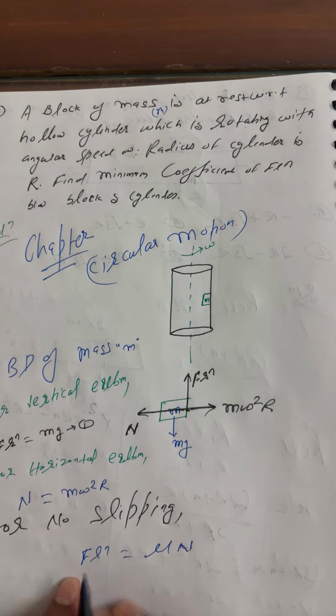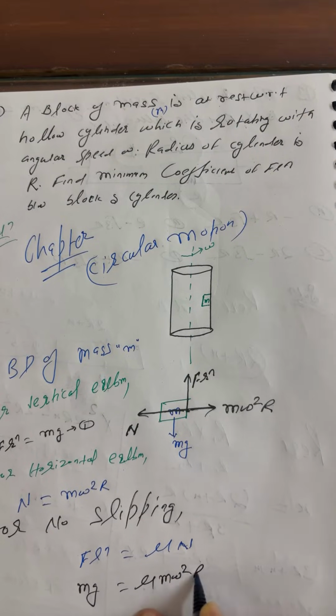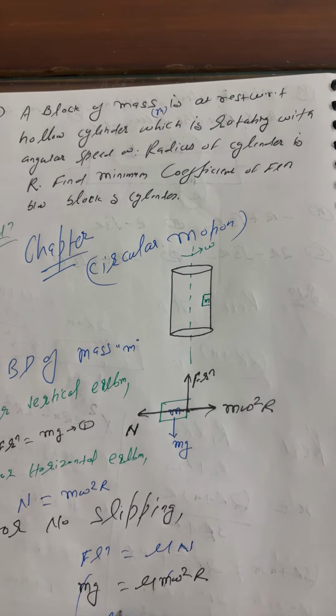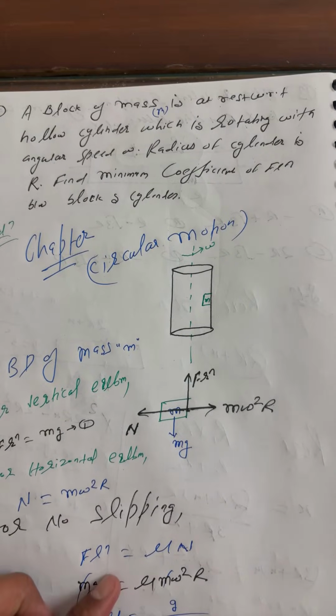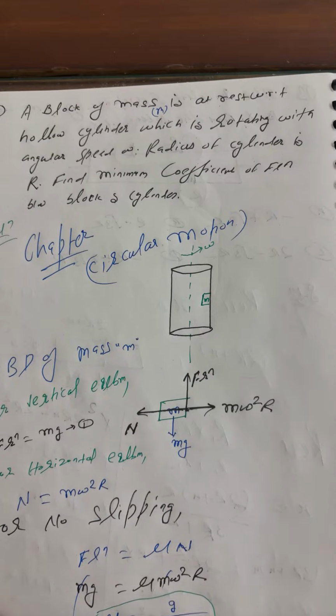Friction is mg, so mg equals mu times m omega square r. M cancels, so mu is g upon omega square r. So this is your answer.